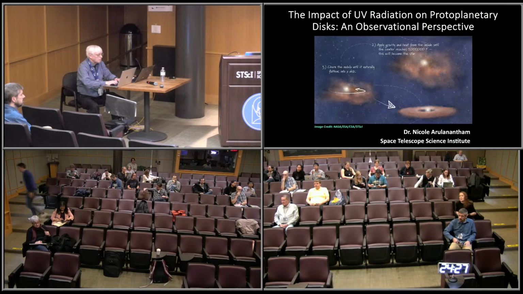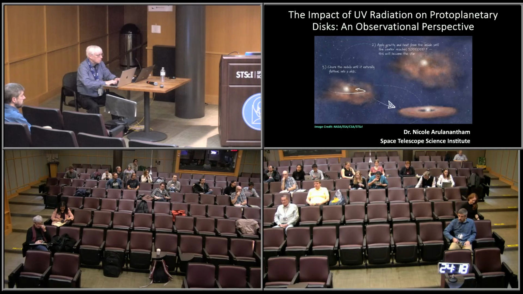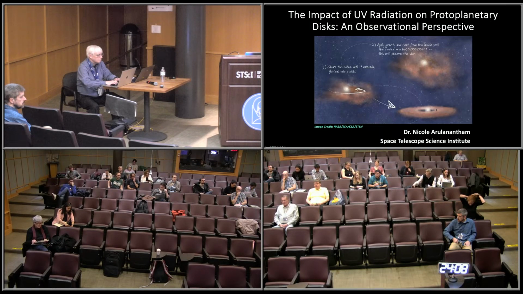When your molecular cloud starts to collapse, you'll start to form a star at the center. And you won't be able to see the star for a while. It'll still be surrounded by an envelope of gas and dust. But eventually, this gas and dust will flatten out into a disk, and this is what we see here. So we'll have a star at the center surrounded by a disk that contains the materials that will eventually form planets.